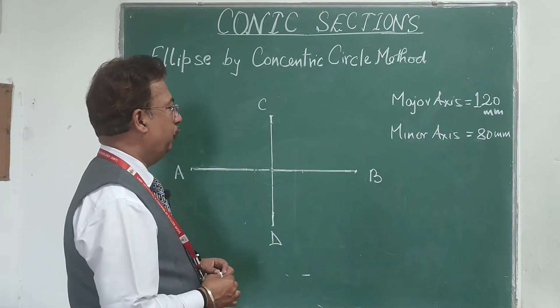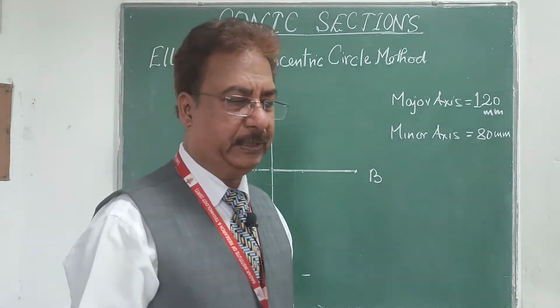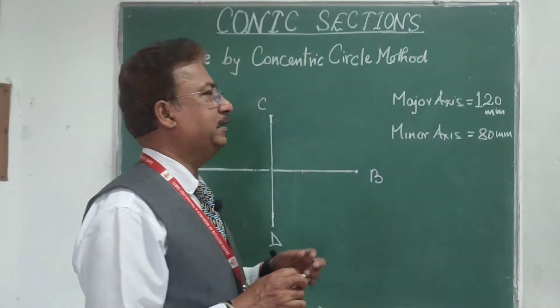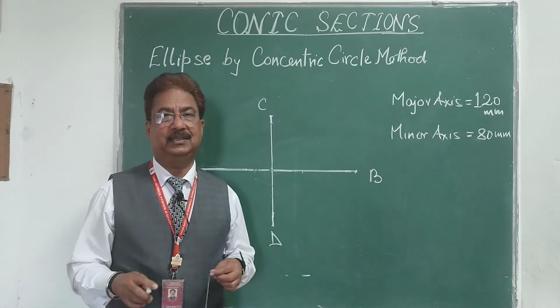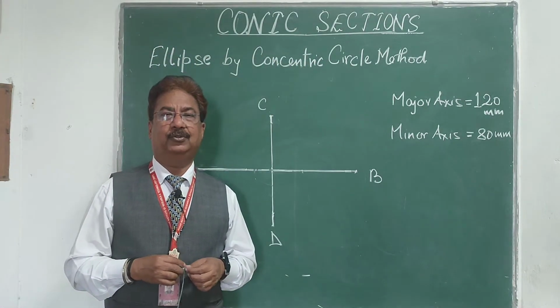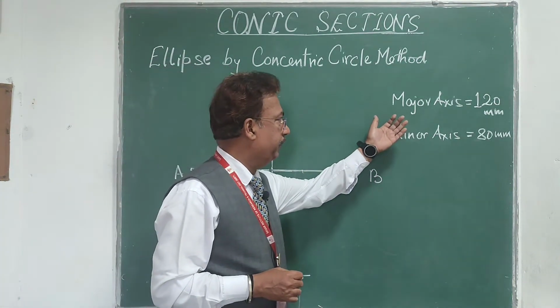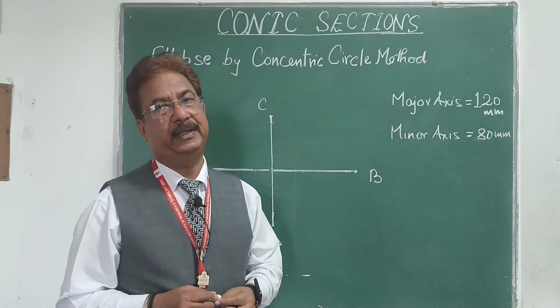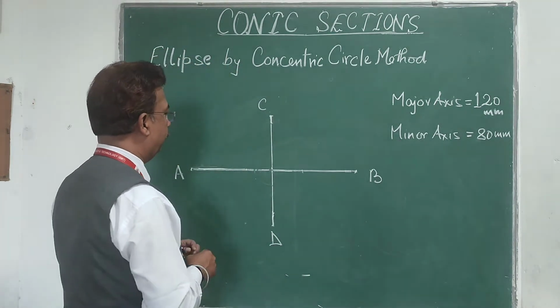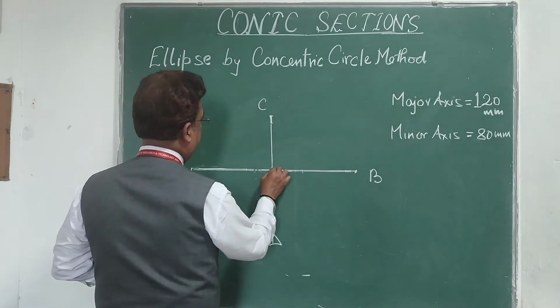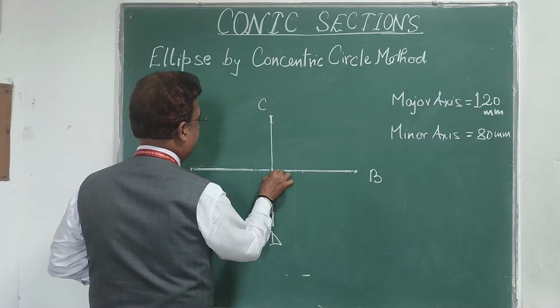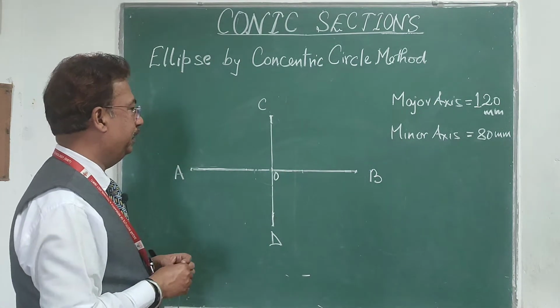Now I am using a method that is known as the concentric circle method. As the name suggests, I want to draw two circles with diameter equal to the major axis and diameter equal to the minor axis. If the intersection of AB and CD is O, that will be the center of the ellipse.